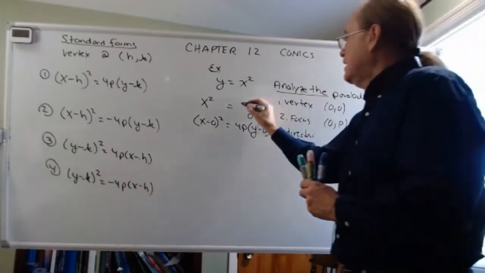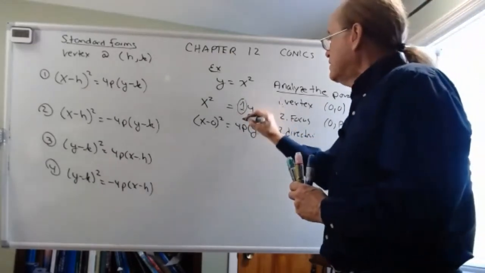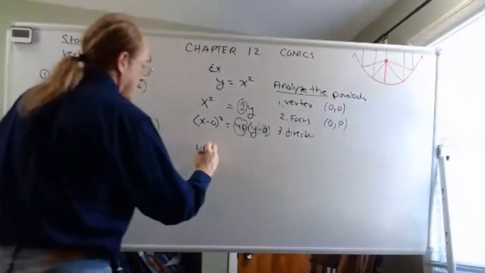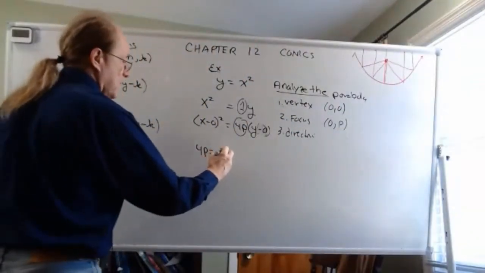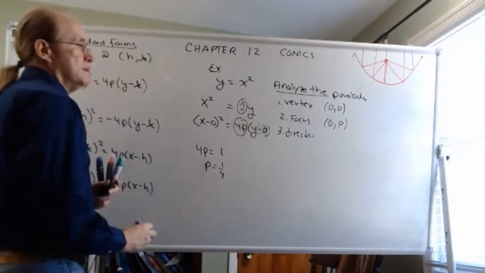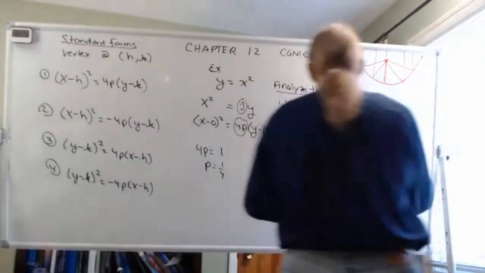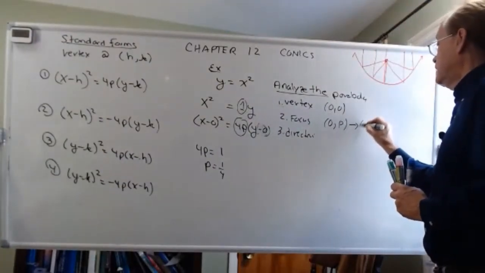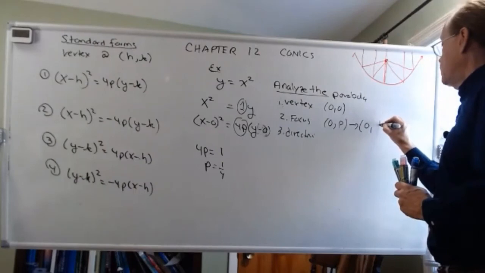This gives me an equation to solve for p. It tells me 4 times p is equal to 1, or p is equal to 1/4. So that's the focal point. For this one, it would be 0, 1/4.